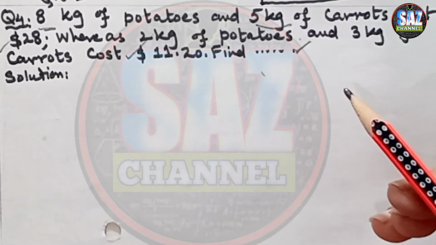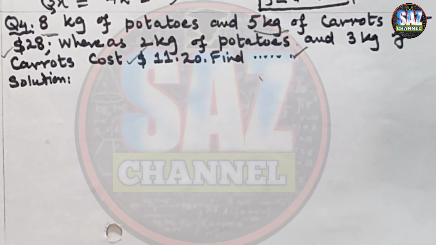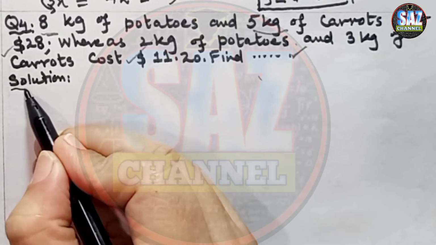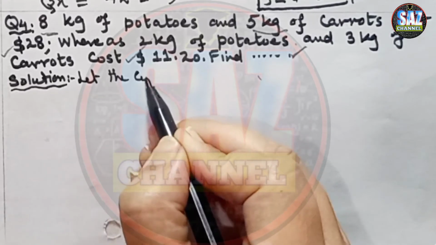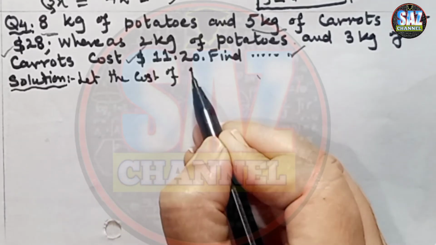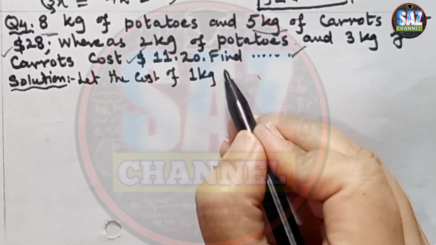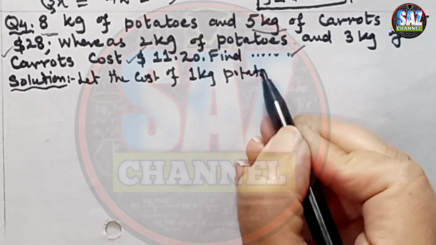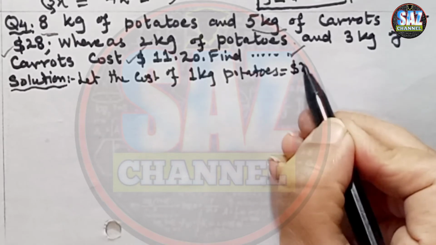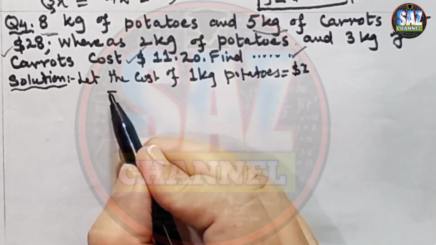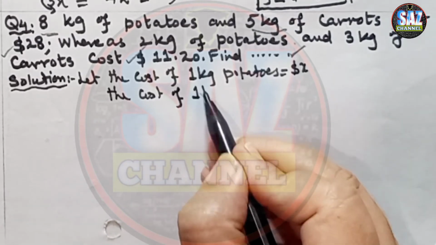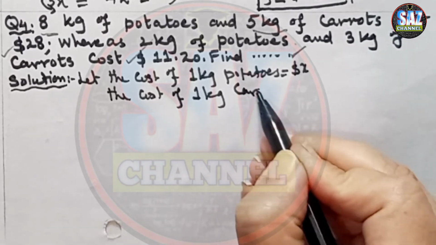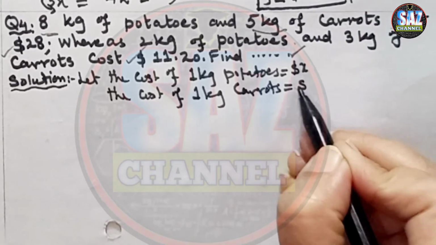So we have to suppose: let the cost of 1 kg of potatoes equal $X, and the cost of 1 kg of carrots equal $Y.